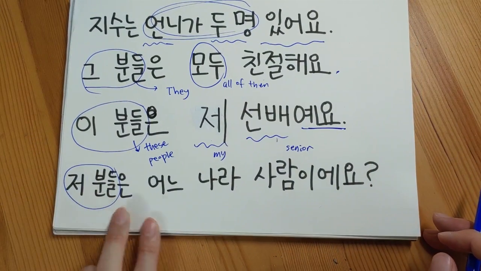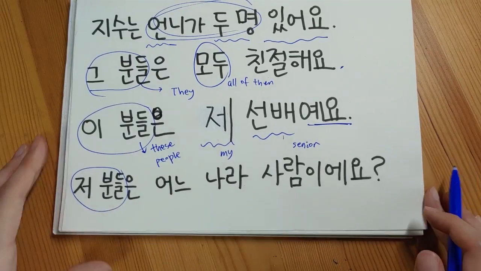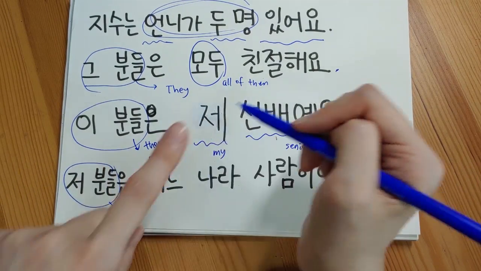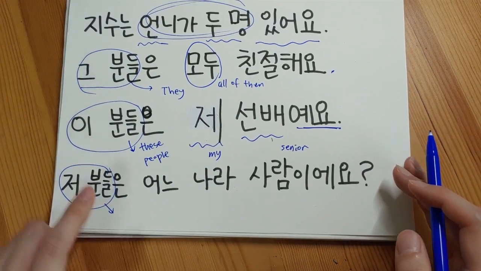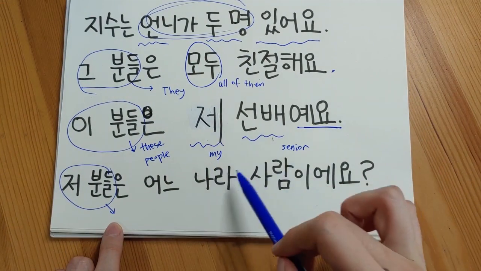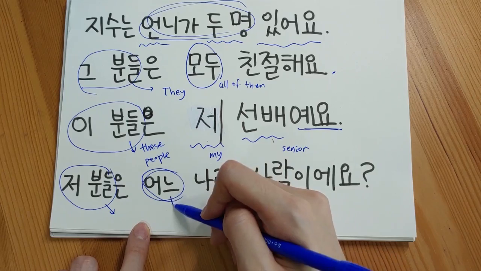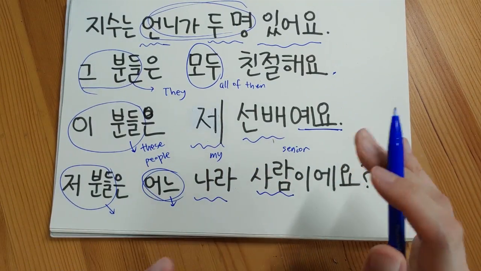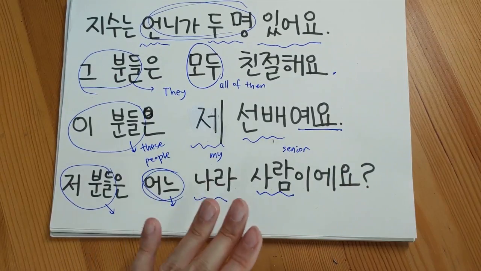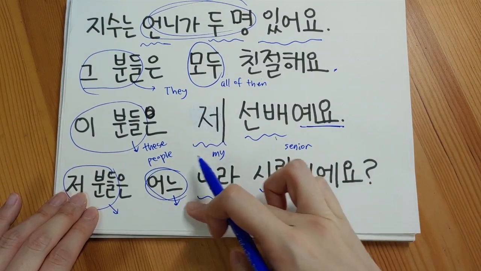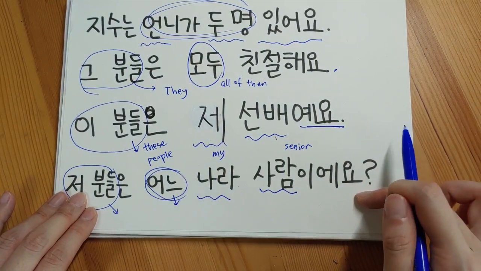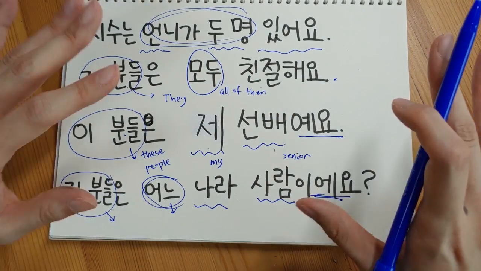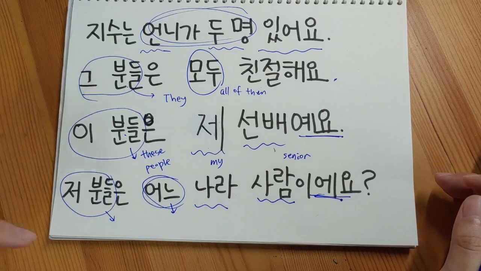And 저분들은 어느 나라 사람이에요? 저분들 means those people that we see over there. 어느 나라, we learned this question word, means which country. 어느 나라 사람 means which country person. So which country are they from? The literal meaning is, they, which country person are they? Or, where do they come from? So these are all used as the subject, the pronoun they, in each sentence, right?